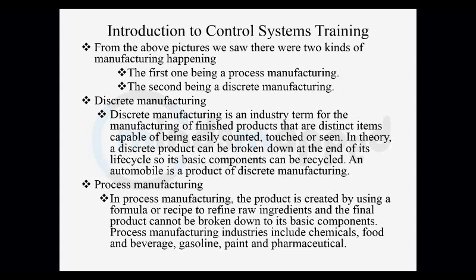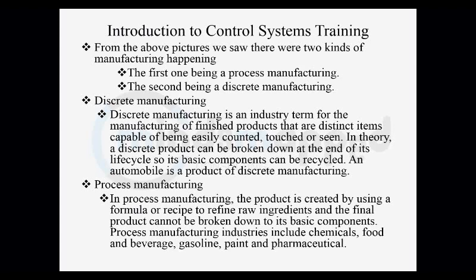And at the end of its life cycle, any finished product of discrete manufacturing, you can break it down and strip it for parts and reuse them later on, either in further manufacturing or to manufacture something else, right?